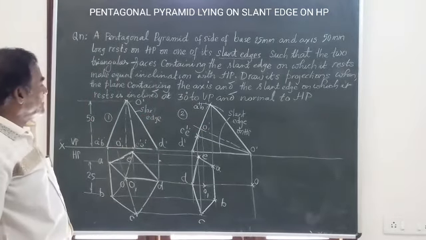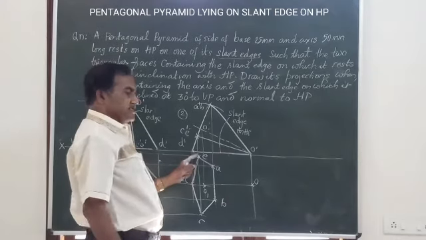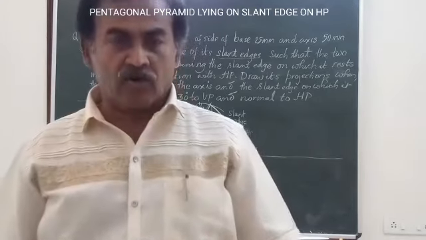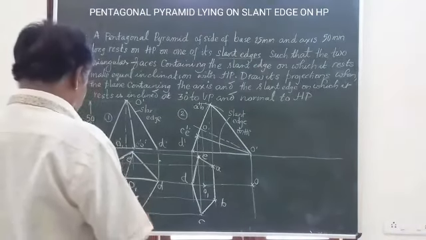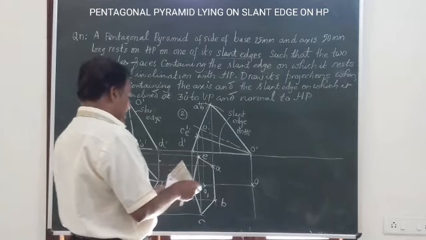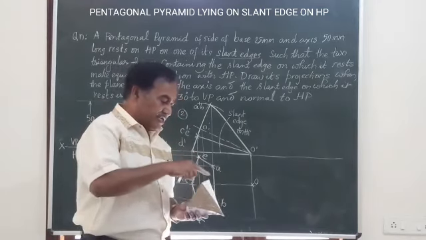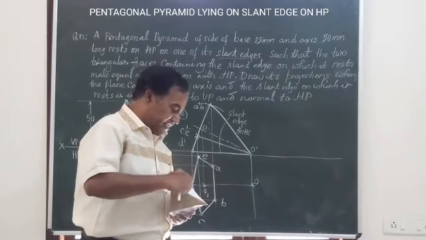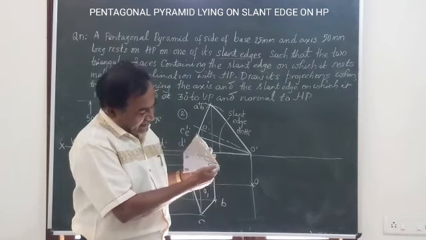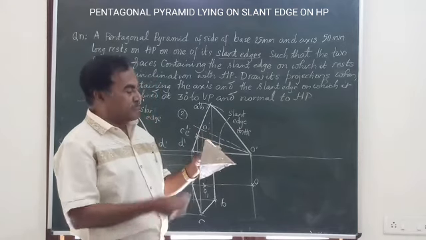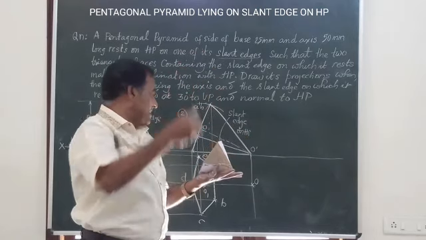Friends, you know very well that excepting O dash D dash, the slant edge on which the object is resting on HP, all other lines are completely visible. So if you look at this object, friends, in the top view, you can see all the 5 points. You can get a triangle here, this triangle also you can see, but the slant edge on which the object is resting is not visible to the observer in the top view.